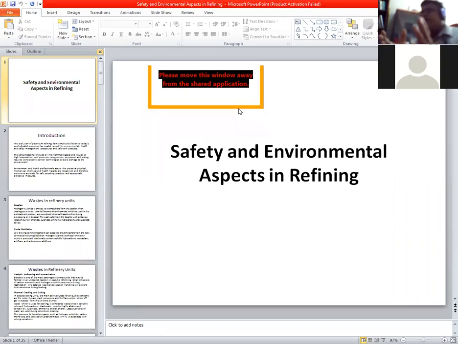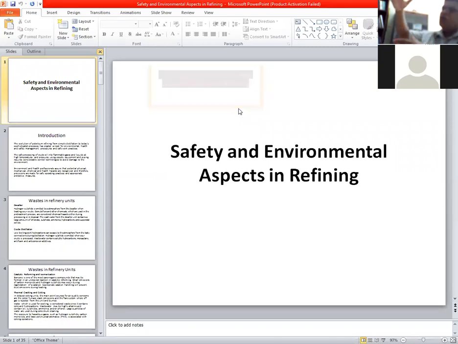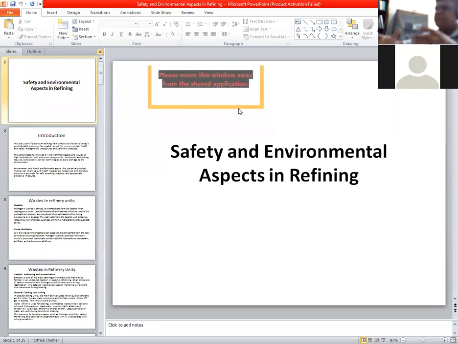So all the harmful gases from different activities are collected in one place, and then they are burned out. You may recall, whenever we visited a plant, there is a long piping system, like a long tube horizontally, and always on the top it is burning. So this is actually all the toxic gases collected from the different units, and it is burning out.